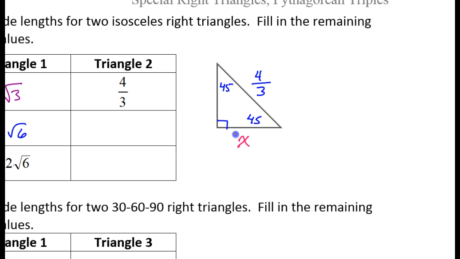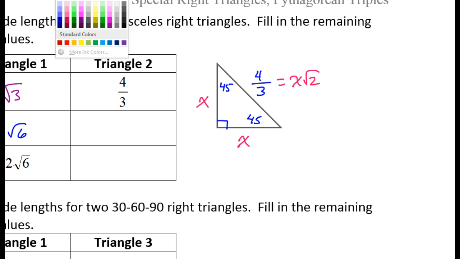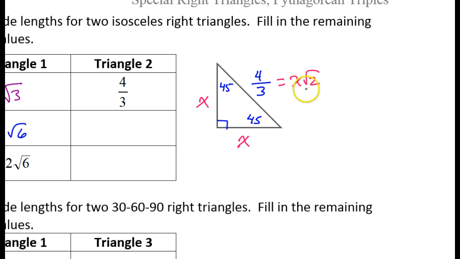I will call these legs x. So I will have x, x, and then the hypotenuse would be x radical 2. So basically I need to solve this equation for x. So to do that, I need to divide both sides by radical 2.